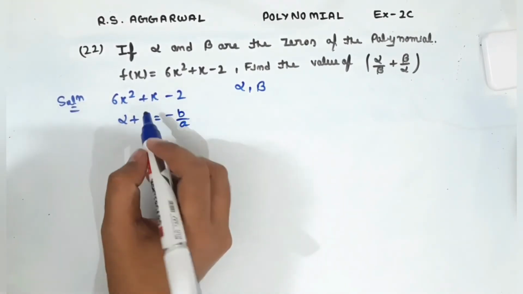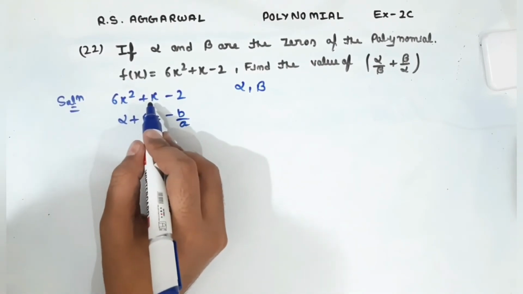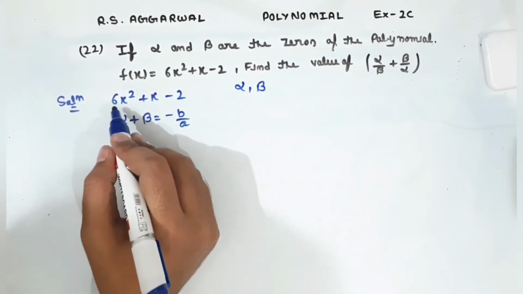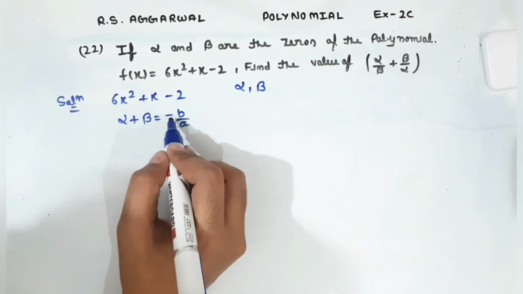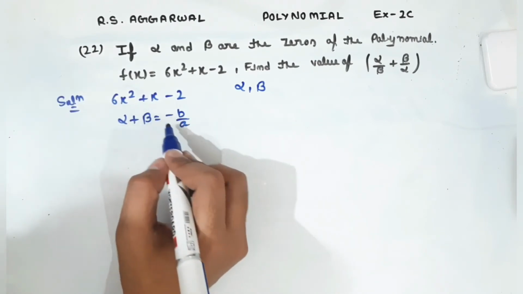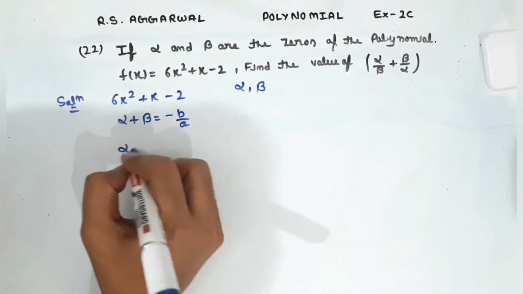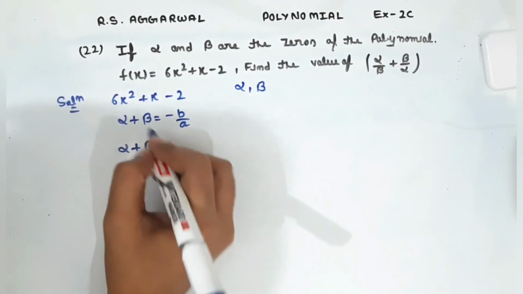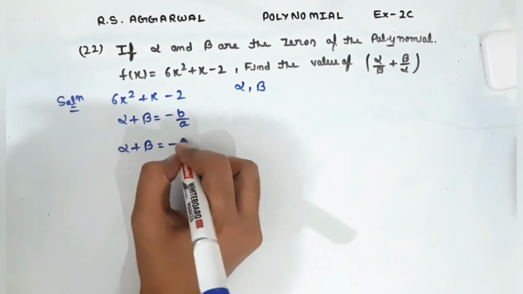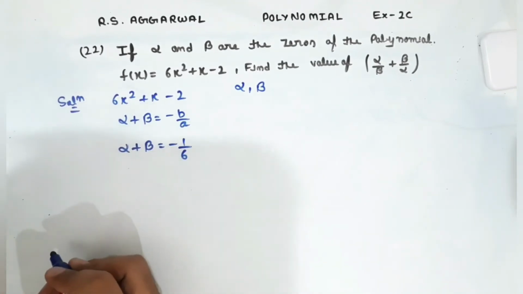Here b is coefficient of x and a is coefficient of x square. So alpha plus beta will be equals to minus 1 upon 6.